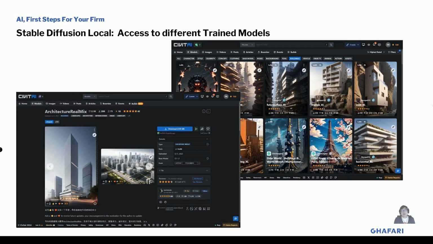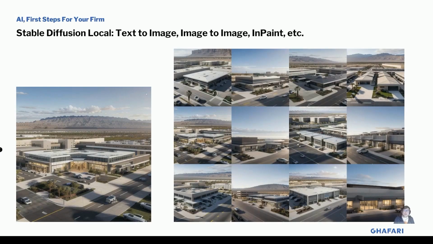Because there are tons of models out there, you should be using the filtering, narrow down to building types, and you will be able to explore some of the models that you can use in your image generations.